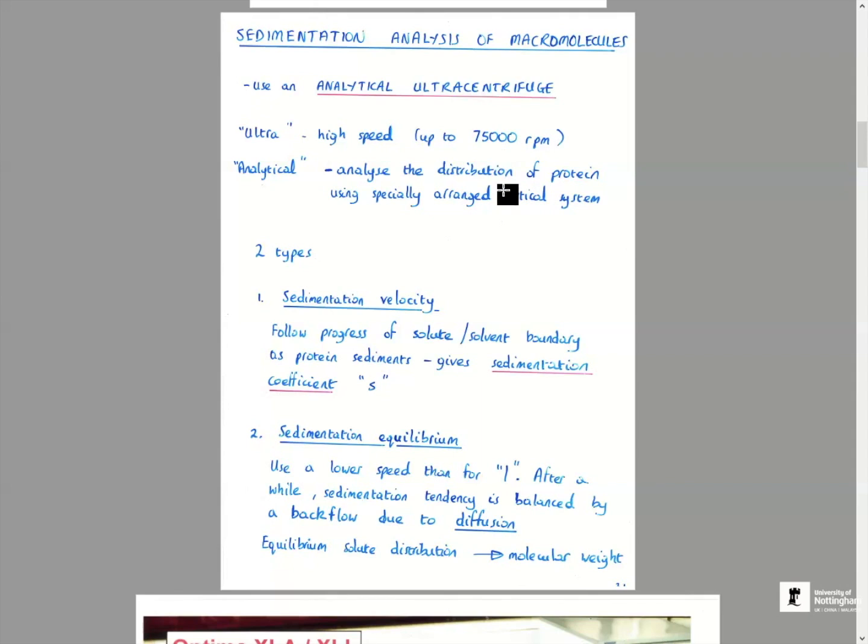We can't go to the same high speeds that a preparative centrifuge will go to. Preparative centrifuges are used to separate materials for purification purposes. Analytical centrifuges are used to analyze the particles that are sedimenting to get information about their sizes and shapes.